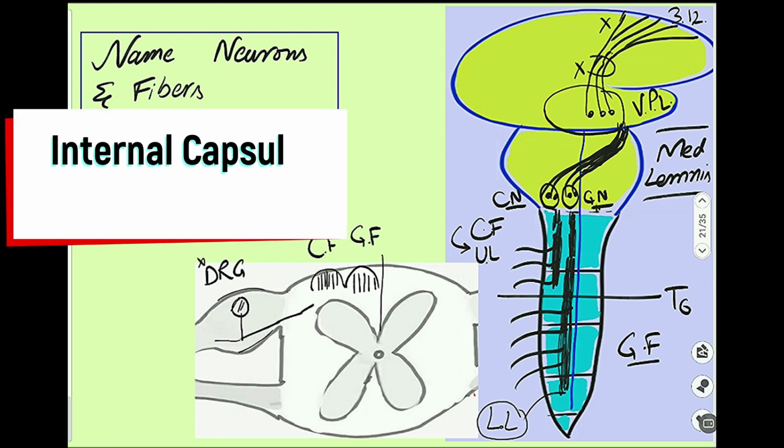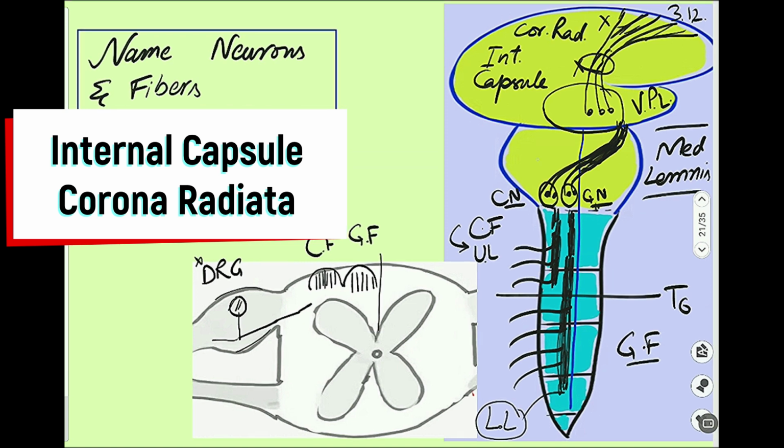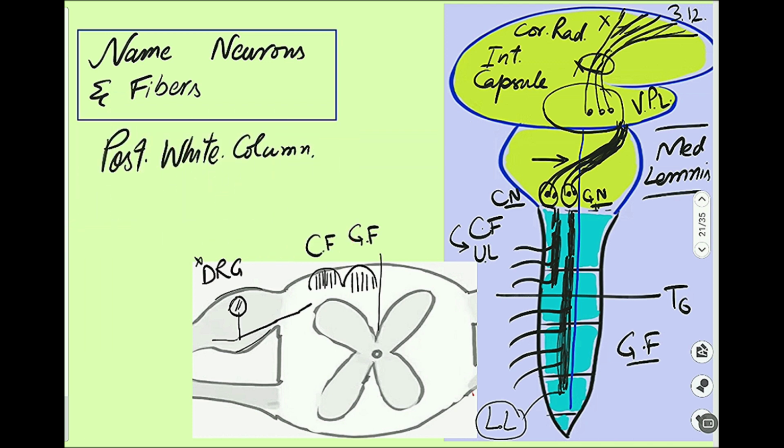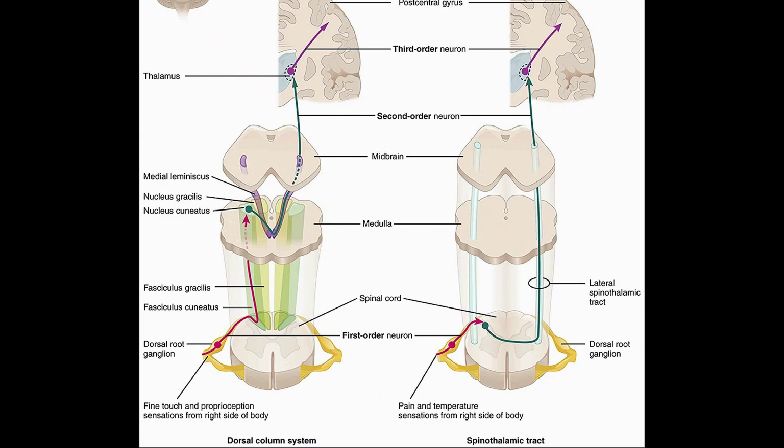The first region, this narrow one, is known as the internal capsule, and when they spread out, this area is known as the corona radiata. This crossover, that is the decussation, is at the level of the brainstem, so we name this decussation the sensory decussation. So this is the anatomy, the course of the posterior white column tract.